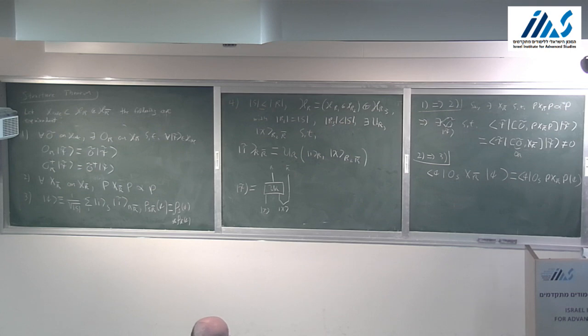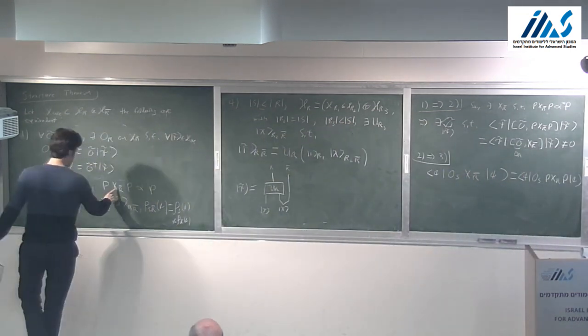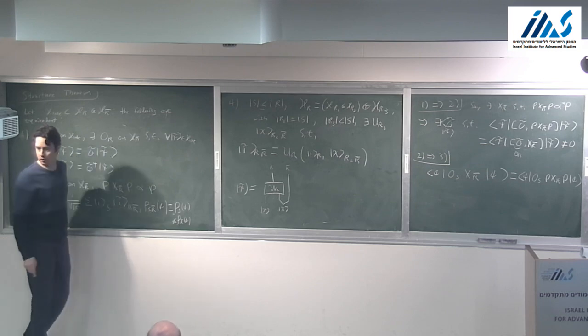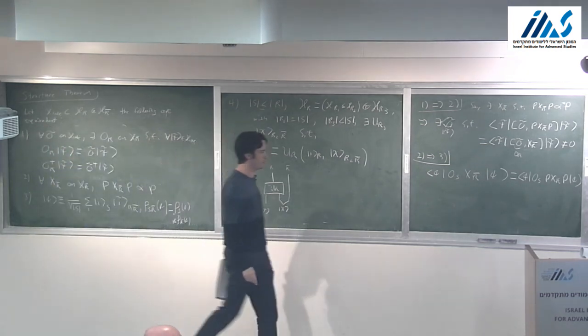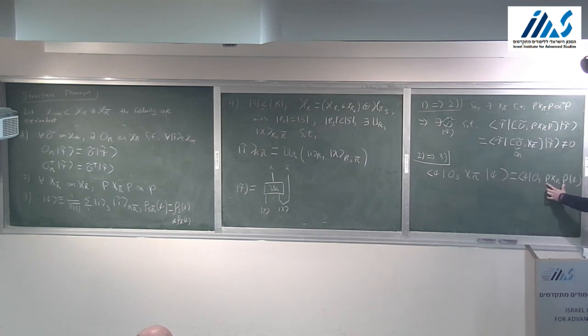Now we're assuming condition 2. So we're assuming that P X_R bar P is proportional to just the projector onto the code subspace. And so that means that this is something that is proportional to the identity in this correlation function. So it means that this is going to factorize.